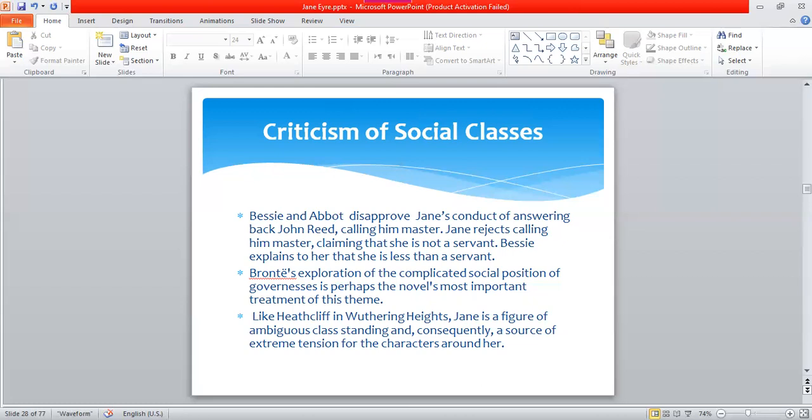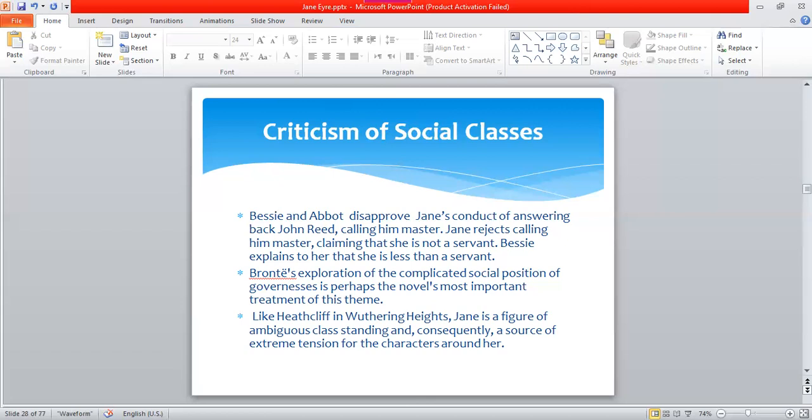Bronte's exploration or depiction of the complicated social position of the governess is perhaps the novel's most important treatment of the theme of class discrimination.